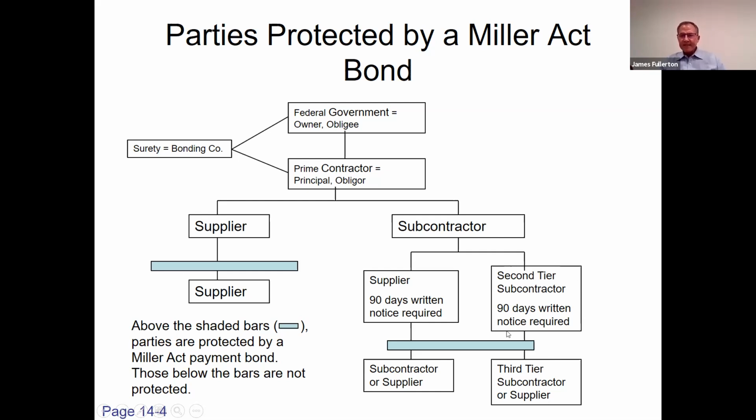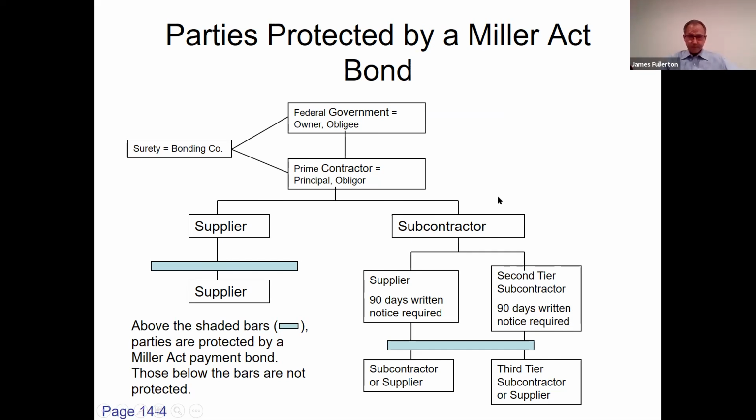A second tier subcontractor also has rights under the bond, but they are required to give notice within 90 days of their last work. That notice is referred to as a bond claim. We were looking at a bond claim form in the appendices of the book a little while ago.